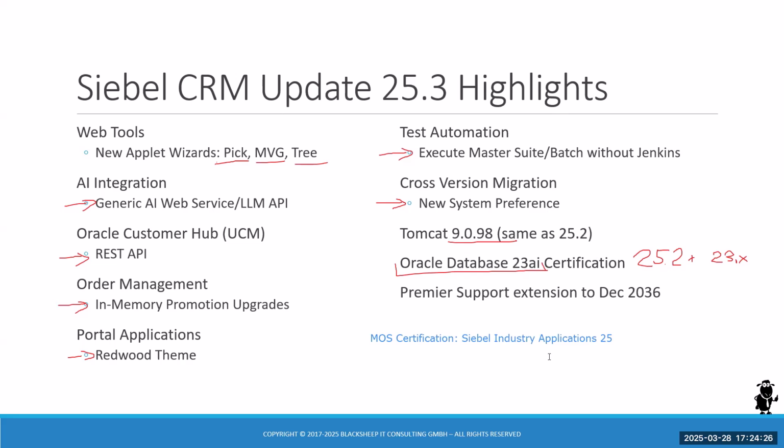I got a question on that cross-version migration. What situation would you use that? Every time you apply a monthly update. If you apply a monthly update of 25.3 into your dev environment, you're not going to install it into your test and prod environments the same day. So you install it in dev, and then you test it, do your regression testing, hopefully run your automated test suite against it.